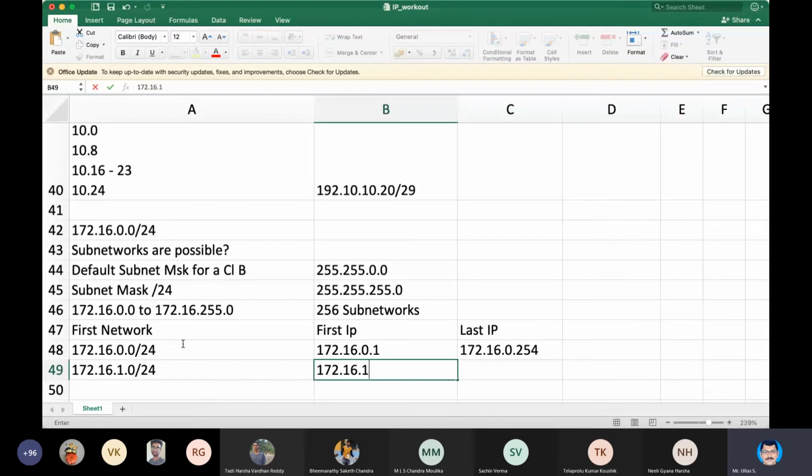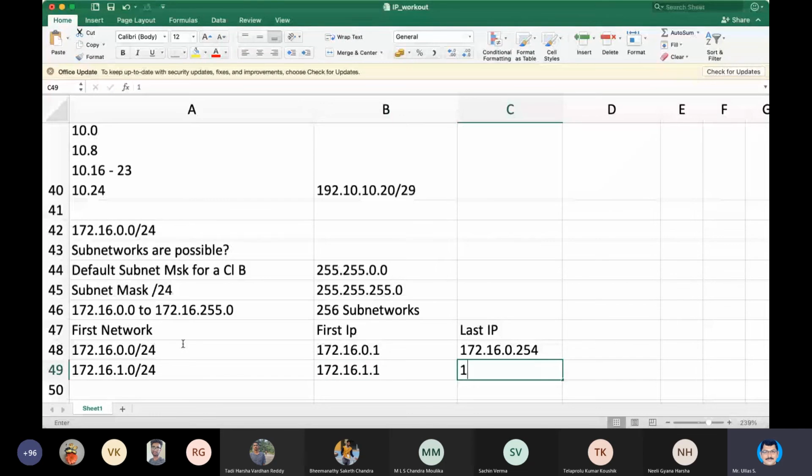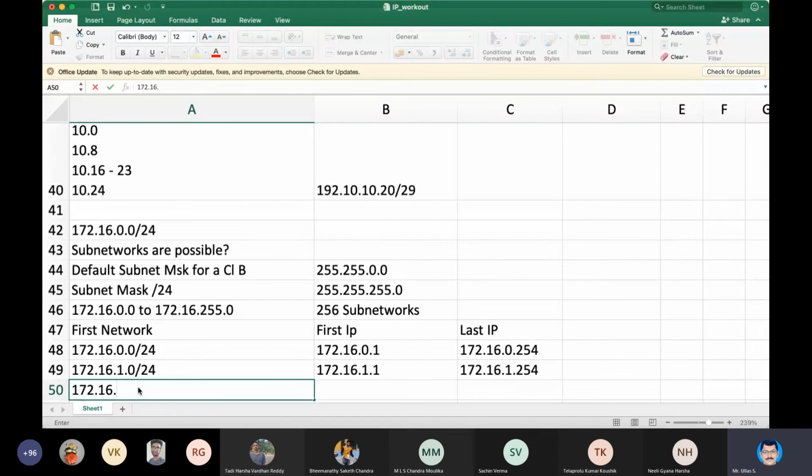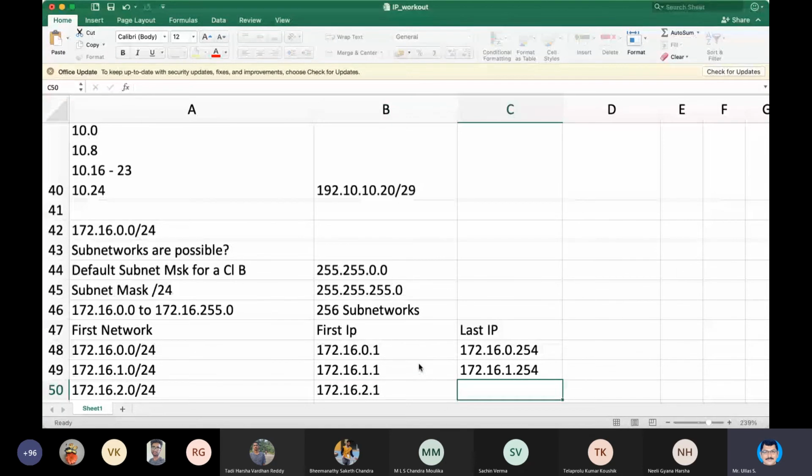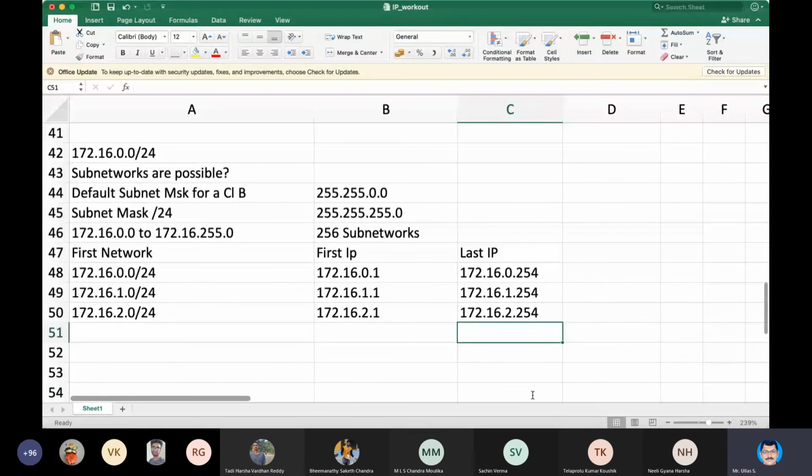The third network is 172.16.2.0/24. The first IP is 172.16.2.1. The last one is 172.16.2.254, and this will keep on going, right? What will be the last one?